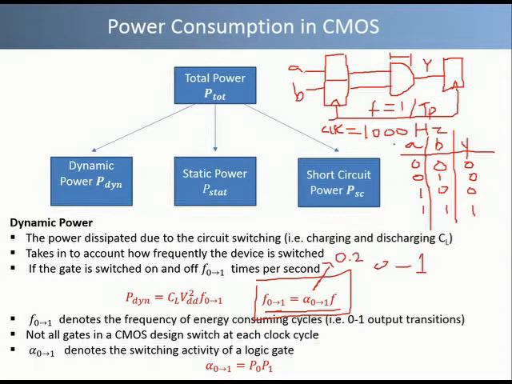Therefore, out of these 1000 cycles per second, the total number of energy consuming cycles are 0.2 times 1000, which are 200. So out of 1000 cycles of clock per second, energy is consumed by this gate from VDD in only 200 cycles. So the dynamic power can also be evaluated as CL times VDD square times alpha times F.